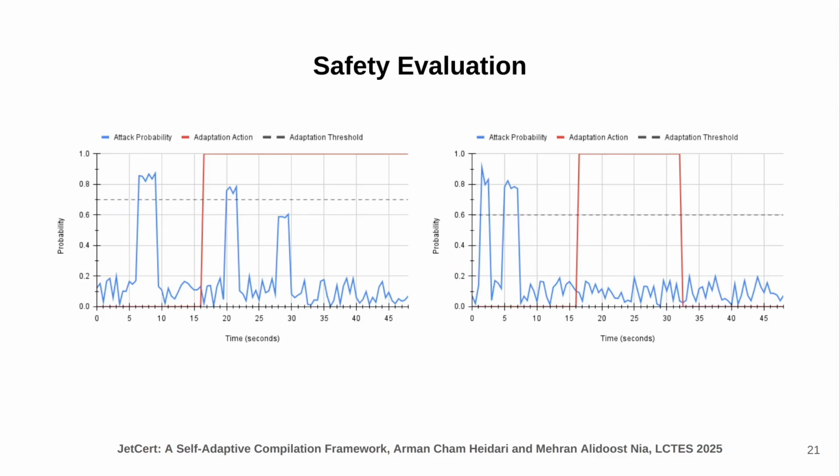When the probability of attacks increases within a MAPK period and is greater than the threshold defined by developers of safety critical systems, JetCert automatically shifts to a more secure version of the module and returns to a faster version when the potential threat is eliminated.